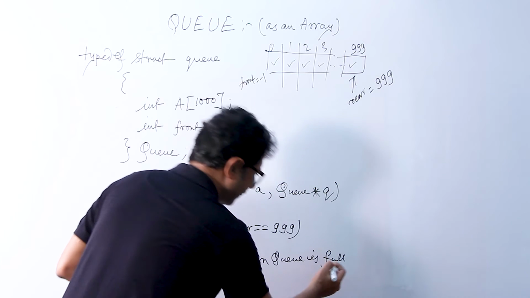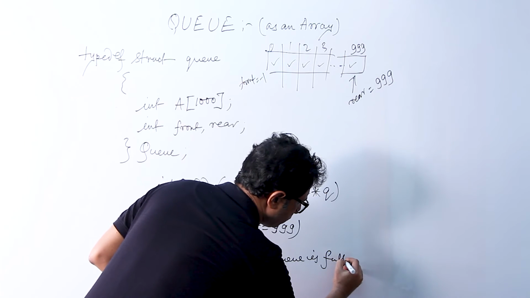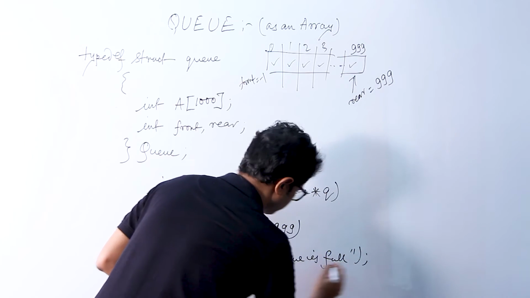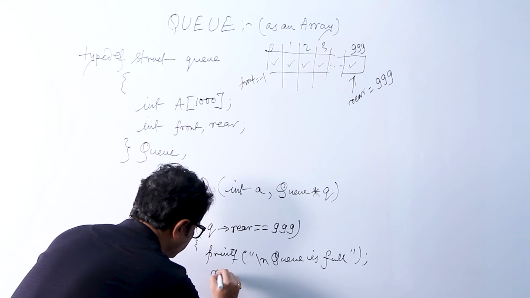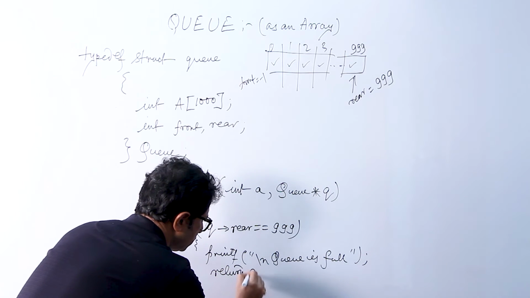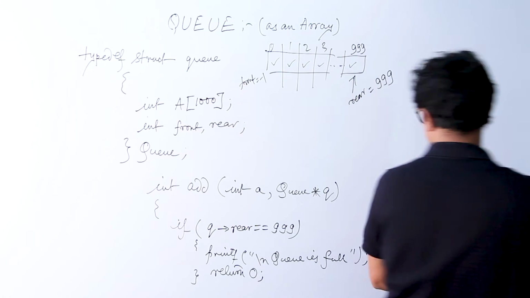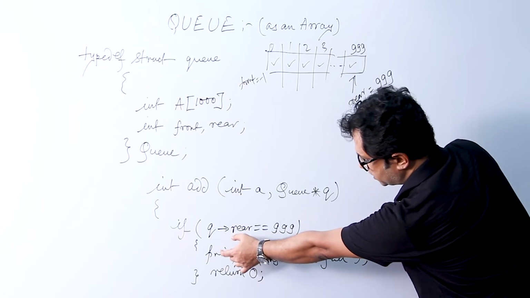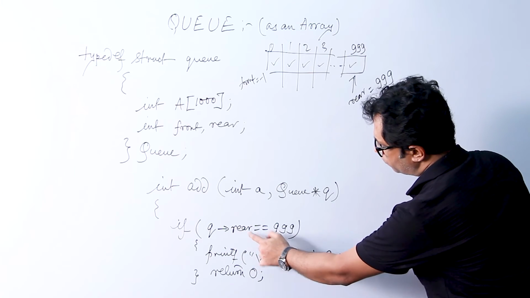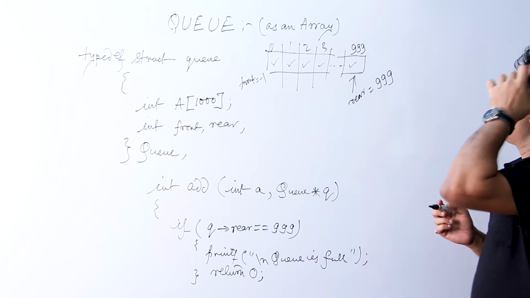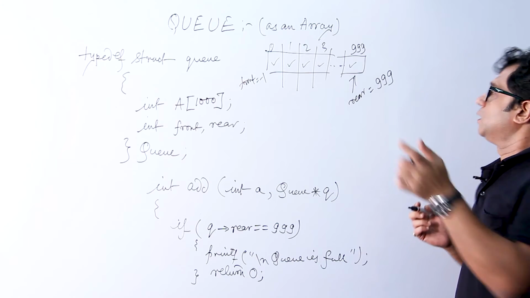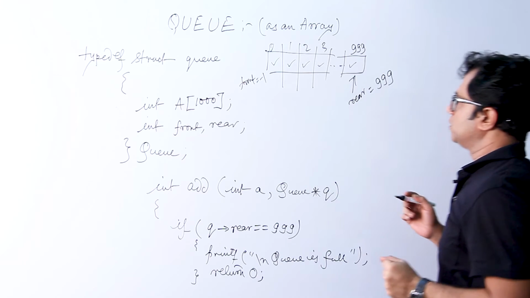I am writing it in a simple way: q is full. Then we will return 0 to denote that the operation is a failure. And if this condition doesn't hold, we will just add the element by this sort of operation.